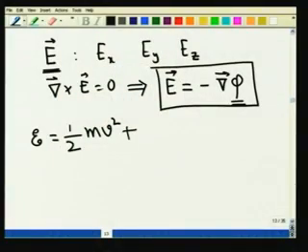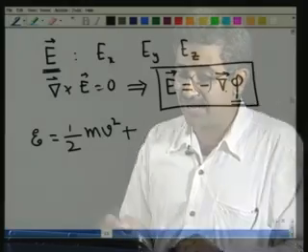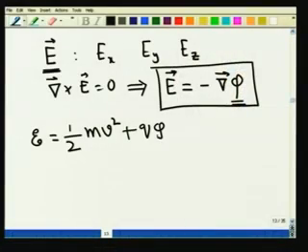It has a kinetic energy half mv squared. Then it is moving in a potential field phi. What does it mean? If I calculate the gradient of this phi, it is moving in an electric field which is E equal to minus gradient phi. Then if I multiply it by q phi, one can show that this total energy is indeed a conserved quantity, and for this reason, this is called the potential function or the potential field.